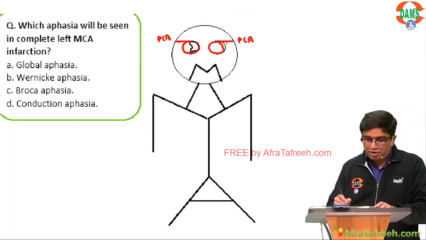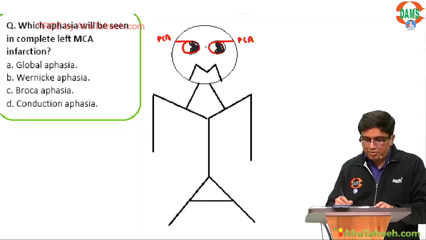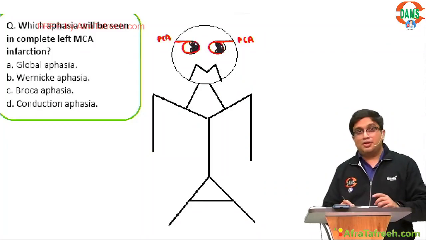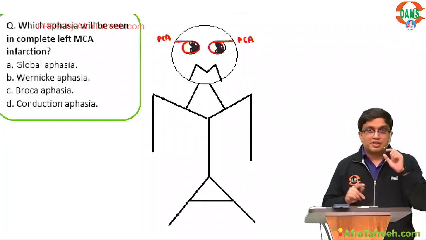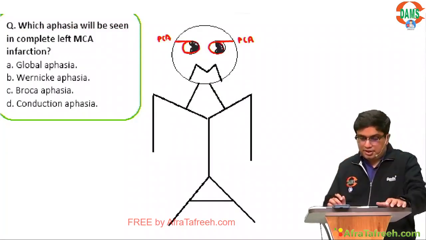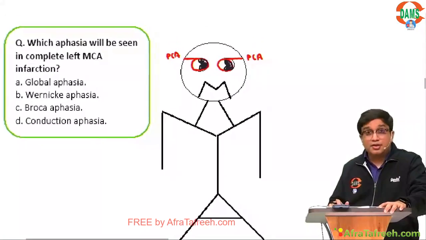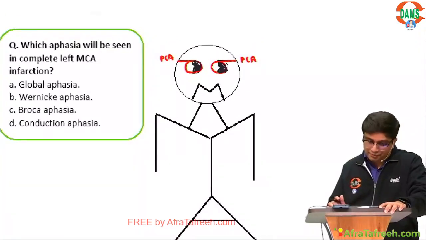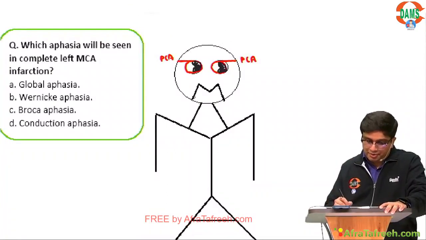They will always have cortical blindness. Can you tell me what kind of blindness is this? Cortical blindness with sparing of the central part. Yes, the macular sparing.